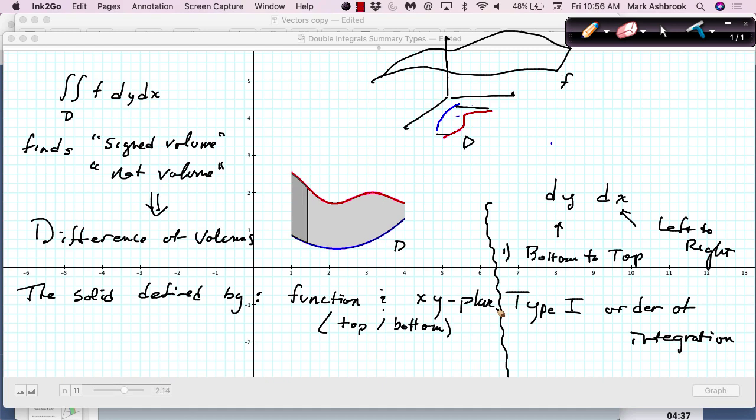When the function is negative, then the top is the xy plane, and the bottom is the function, okay? And then the sides are the cylinder formed by region D. Okay, so that's an overview.